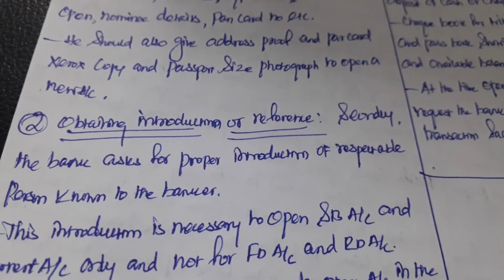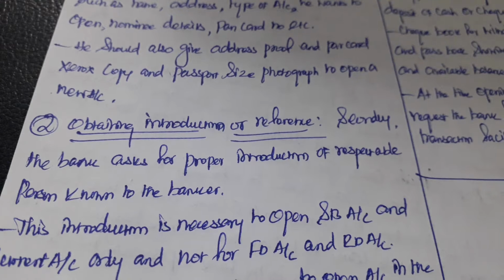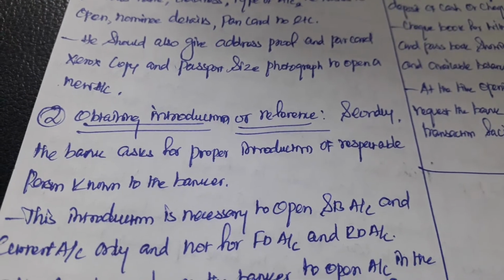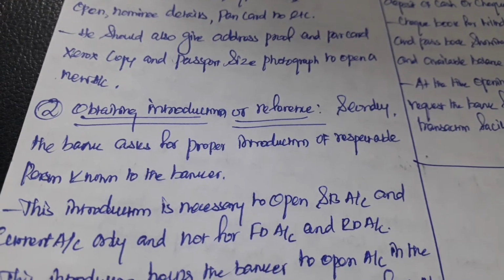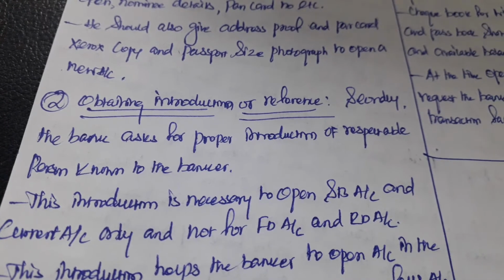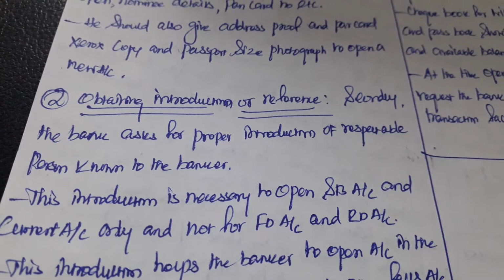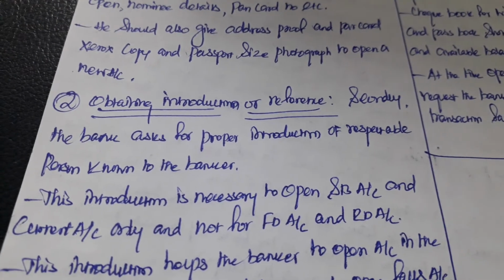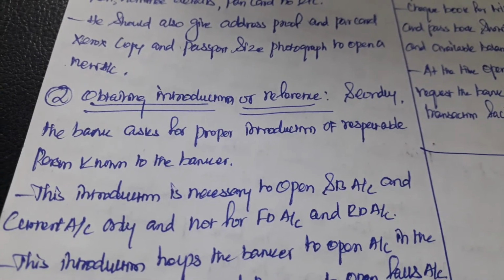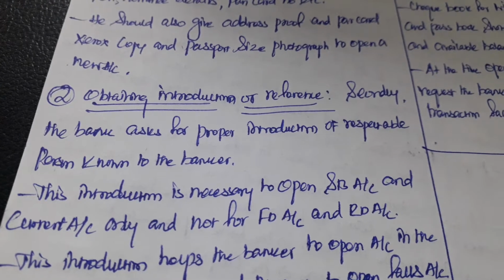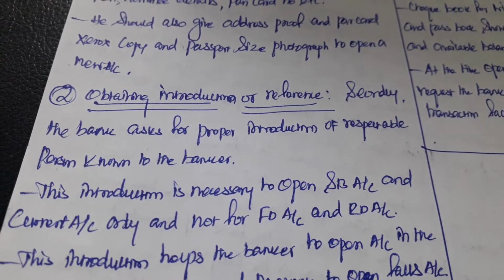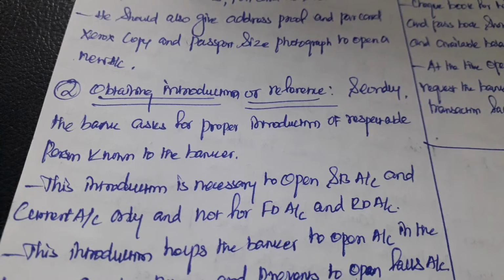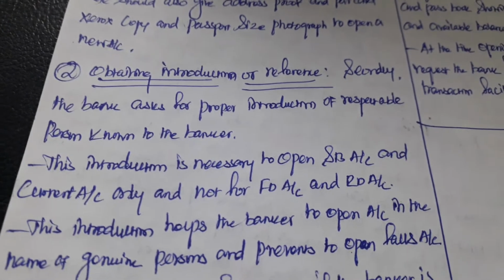The second procedure, obtaining introduction or reference. Secondly, the bank asks for a proper introduction from a respectable person known to the banker. We need to be introduced by a well-known person who holds an account in the bank where we need to open a new account.